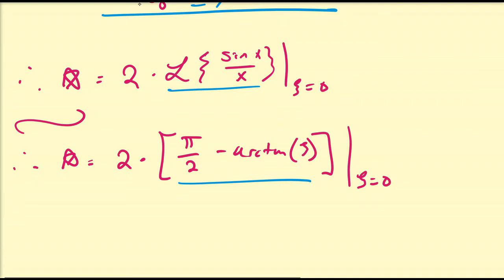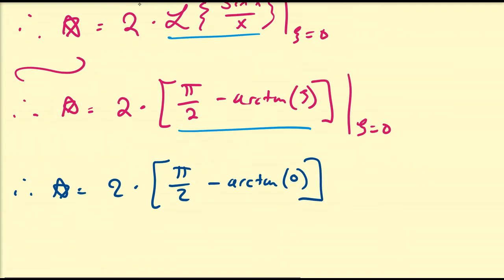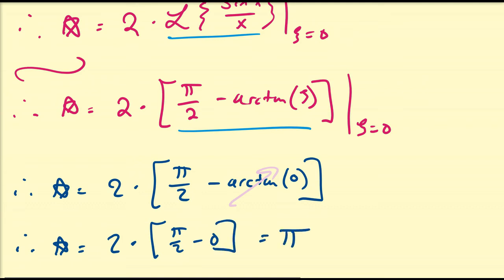Alright, so I'm going to plug in 0 here. So that means star is going to be equal to 2 times pi over 2 minus the arctangent of 0. But we know the arctangent of 0 is just equal to 0. So that means star is going to be equal to 2 times pi over 2 minus 0, which is just going to be equal to pi.